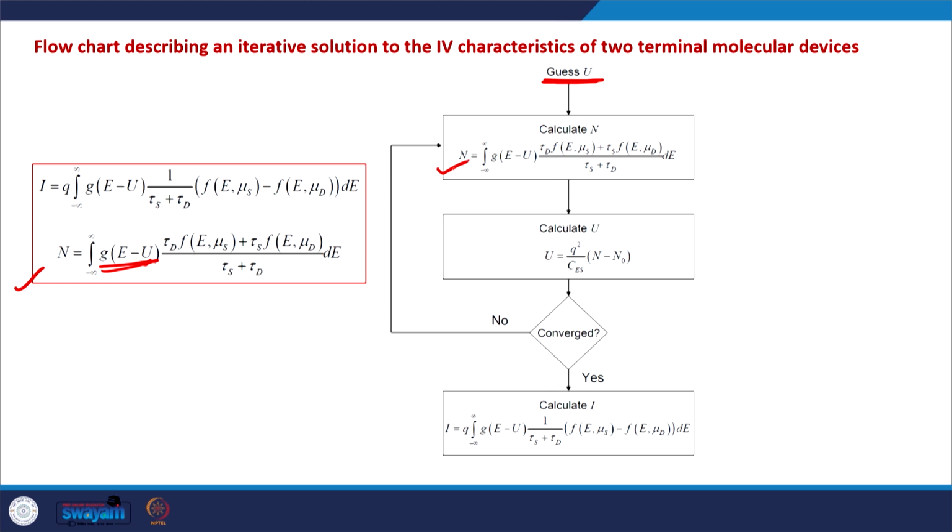From this n, we can calculate n minus n naught, which is delta n, and from delta n we further calculate u, which will also have the quantum capacitance component.